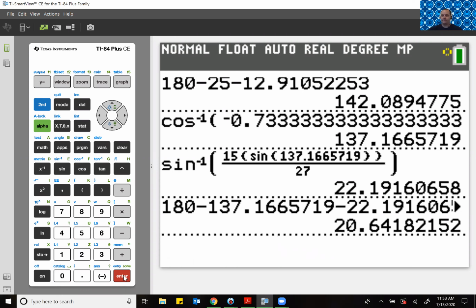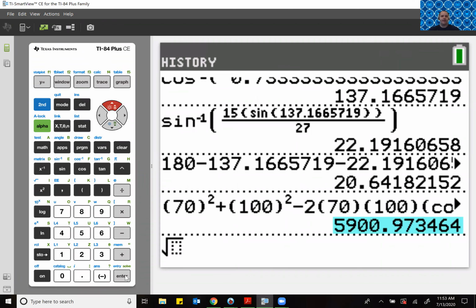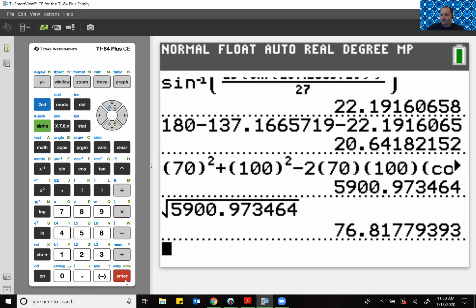There's our number, 5,900.973464. And then all we're going to do is take the square root of that. So second square root. What does it say to round to?